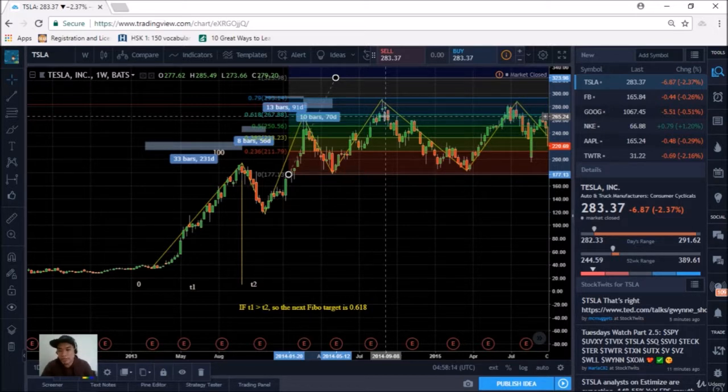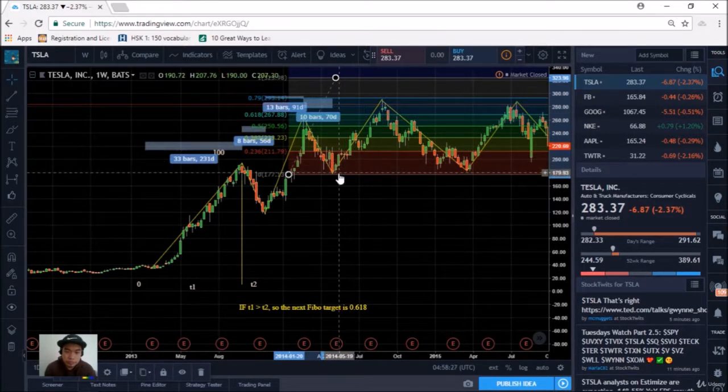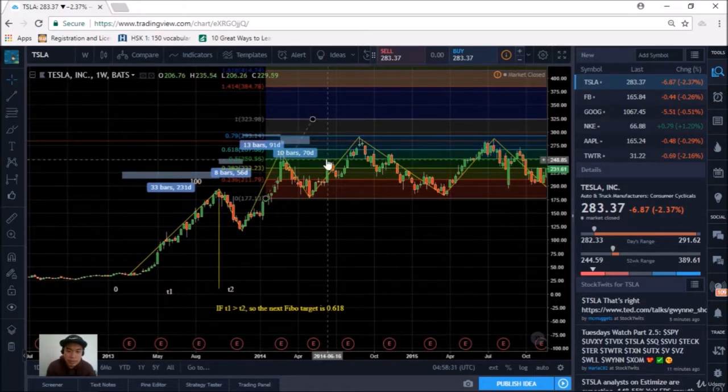After it retraces, it will go up again. Right now, you can see it hit its target up.